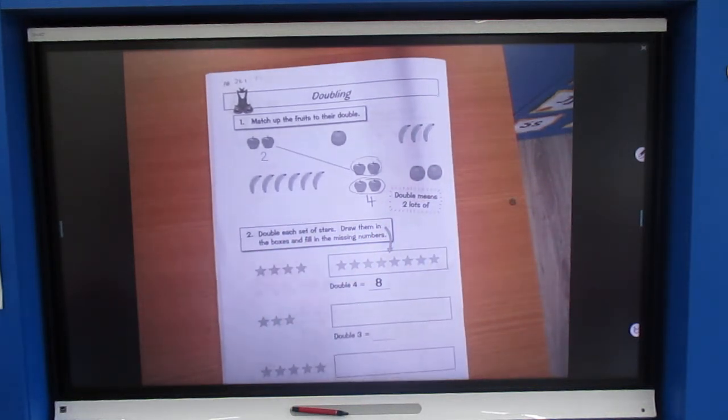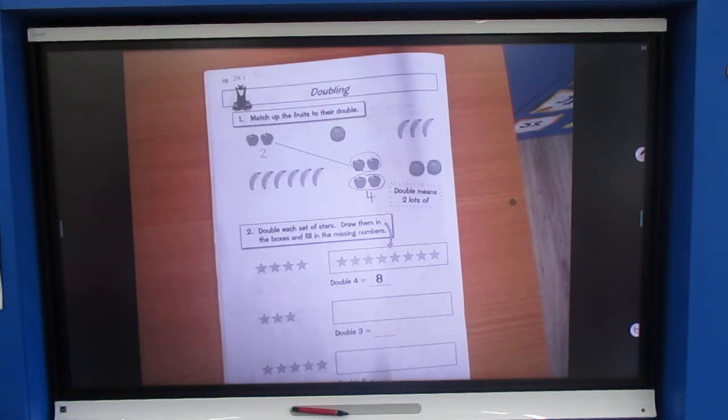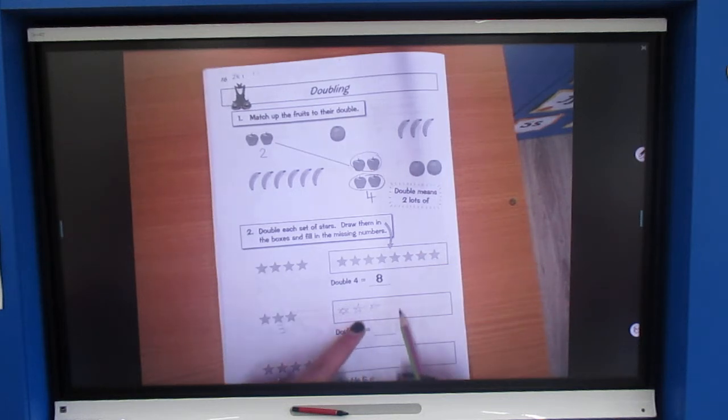Now, question 2 is the same, but you've got to do some drawing. So you've got to count the stars, 1, 2, 3, put it underneath. And then you've got to double 3, so you've got to draw 1, 2, 3, and then you've got to draw 3 more.